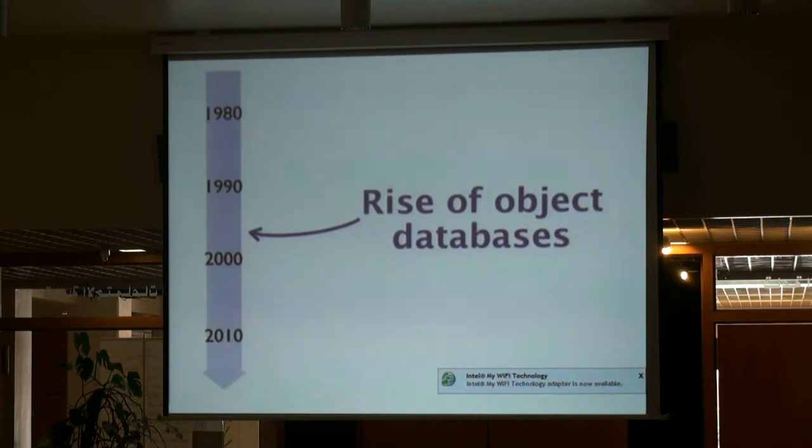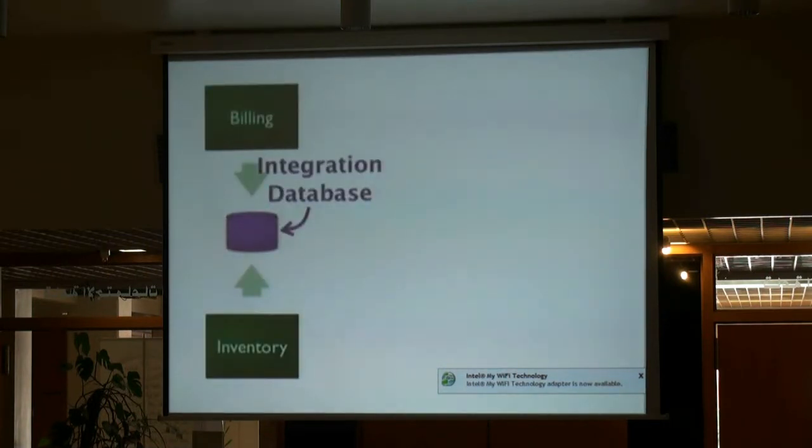And the main reason for the failure, to be honest, wasn't that it was so bad. The reason was, I told you, one of the main uses for databases is integration, right? You use this database to integrate different systems. How can you do this with objects? You can't. It becomes really difficult to share data.